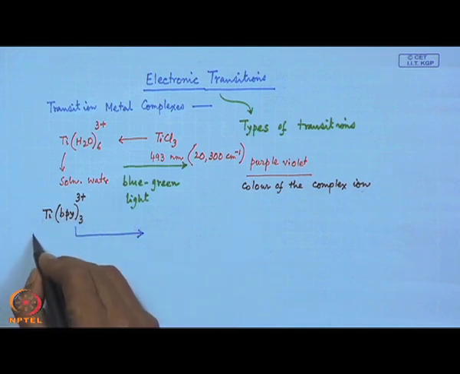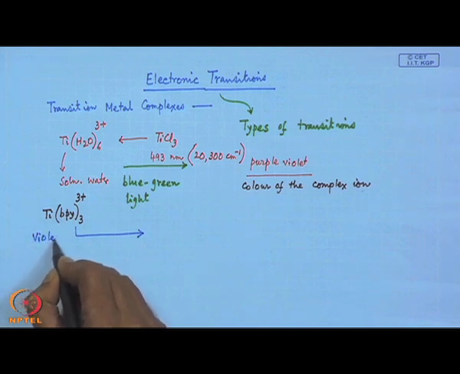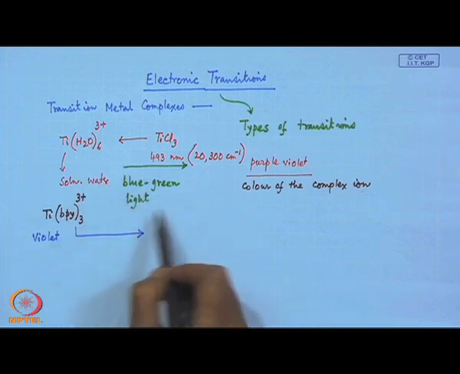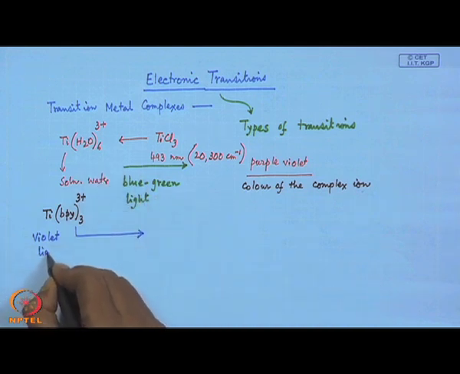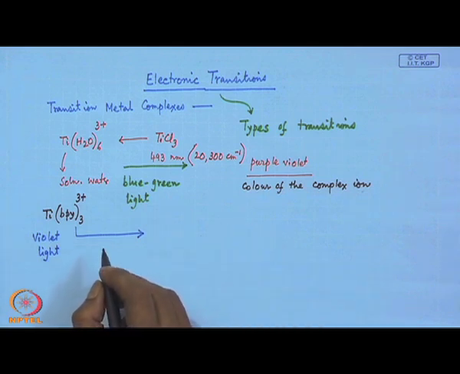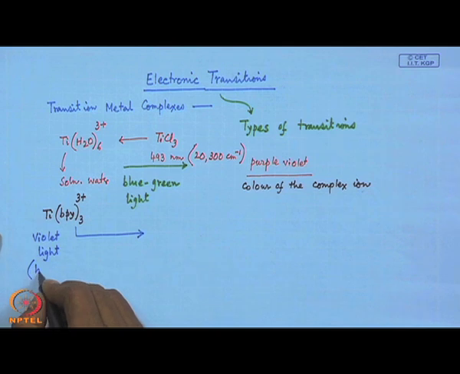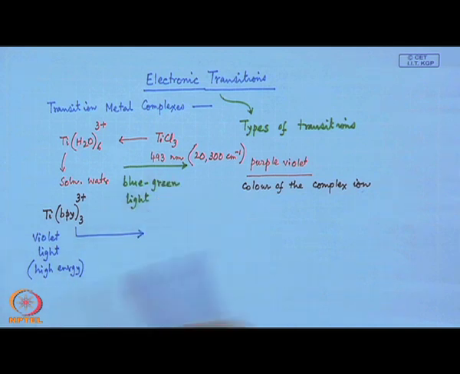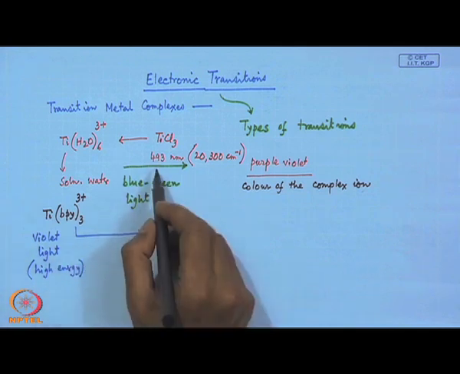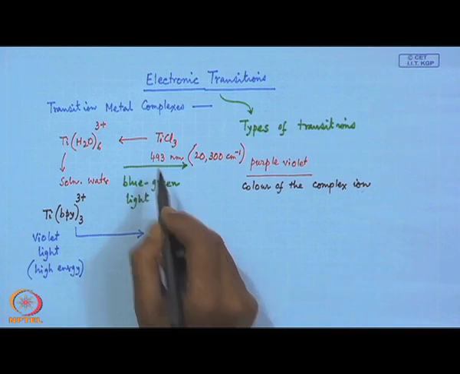So, now we expose this with violet light compared to this blue green light. Violet light will be shed on this particular ionic species, which is of high energy compared to this one, and definitely once we state that this is of high energy, it will be shorter in wavelength compared to this 493 nanometer.